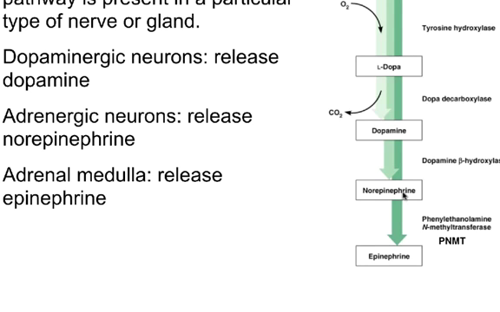Those neurons that release norepinephrine are called adrenergic neurons. And those cells that release epinephrine are located in only one place, and that is the adrenal medulla. The medulla of the adrenal gland releases epinephrine. We're going to get to this one also. So for now, remember, dopaminergic neurons release dopamine, and adrenergic neurons release norepinephrine.